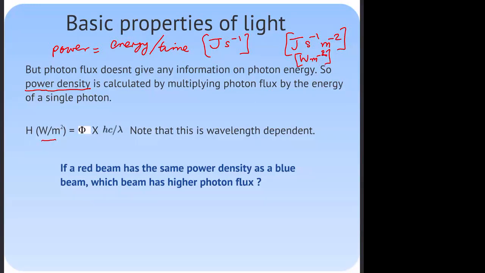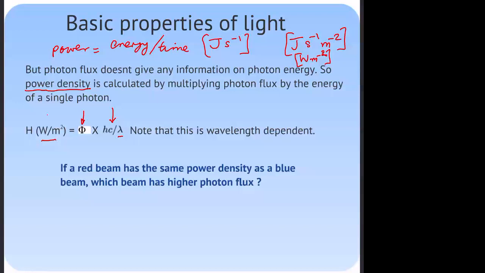My power density, H, is simply the flux, which is capital phi, times the energy per photon, which is hc over lambda. So again, let's think about what it's saying. If I have 1,000,000 photons per unit time per unit area coming into a system, and each photon has a wavelength of lambda, then I can take the energy of each photon multiplied by the number to get the total power per unit area getting into the system.